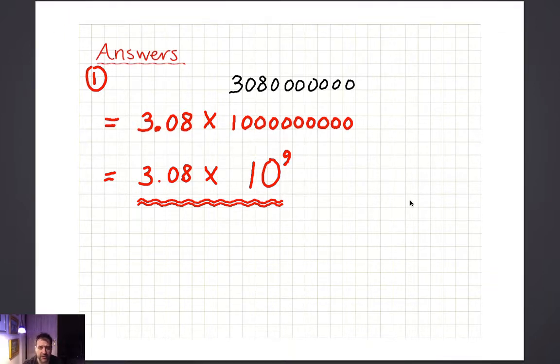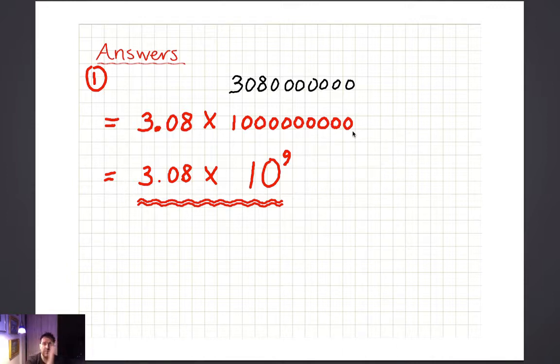So here's the first answer. Start with the number 308 and a whole bunch of zeros. The number between 1 and 10 that uses the same digits is 3.08. And then underneath the original number, I've written a number that is a 1 with lots of zeros.